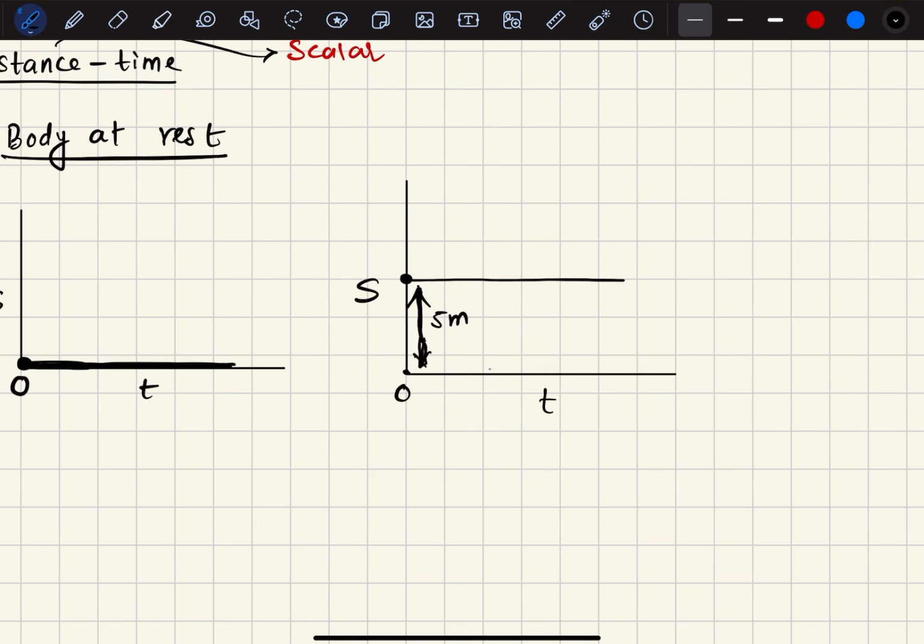As the time increases, the distance doesn't change. It is still 5 meter, whether it is 0 second, 2 second or say 4 second, the graph remains a straight line parallel to the x-axis. Please write this down. It is a straight line parallel to the x-axis.